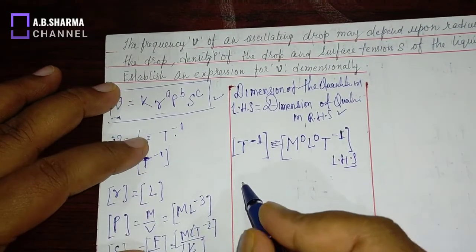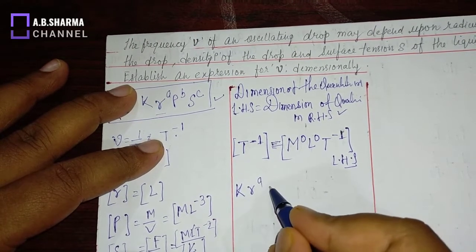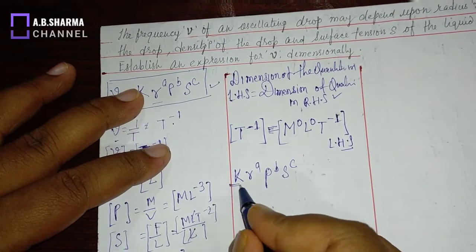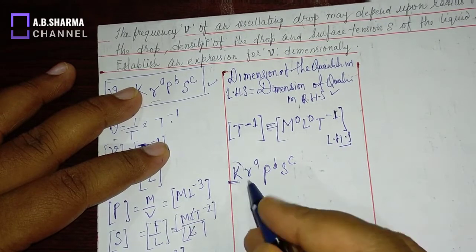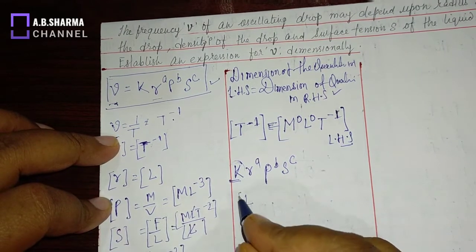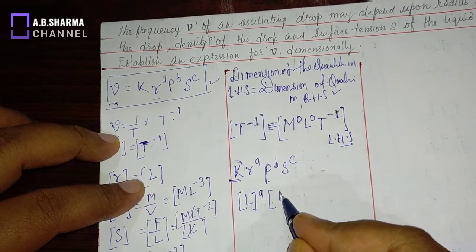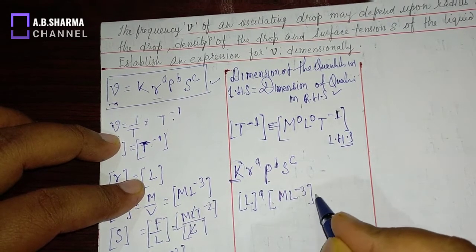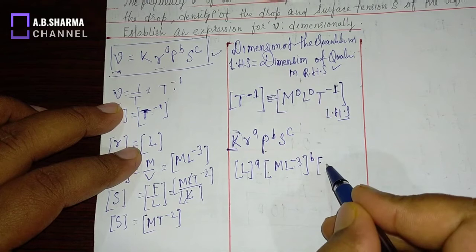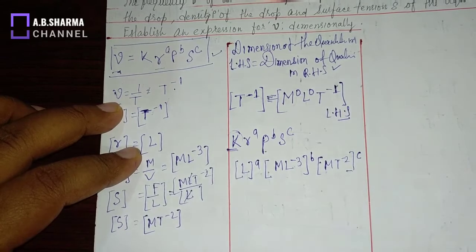Now the right hand side. It is written k r to the power a, rho to the power b, and S to the power c. K is a dimensionless quantity because it is a constant, so we will neglect the term. The dimension of R is L, so L to the power a. The dimension of rho is M L to the power minus 3, with overall power b. Surface tension is M T to the power minus 2, sorry, and power c.